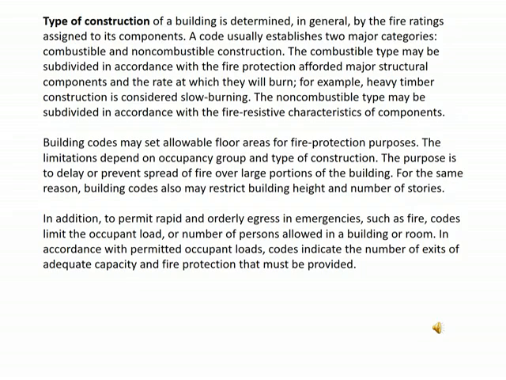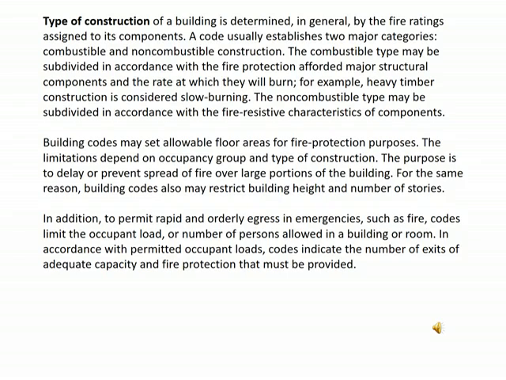A code usually establishes two major categories. The building codes have two major categories, especially fire ratings, subdivided according to the fire protection afforded major structural components and the rate at which they will burn. So in this case, how do they protect against fire and prevent burning.